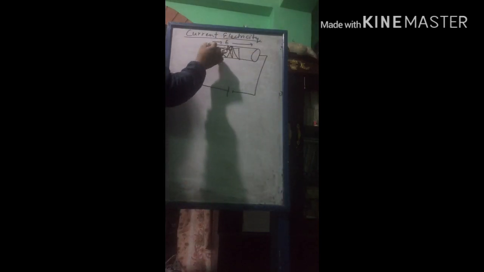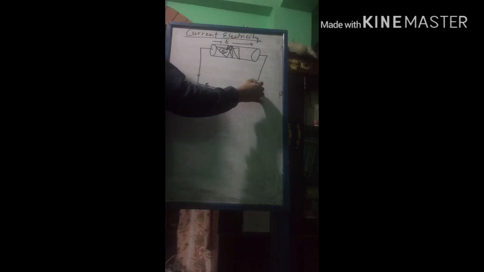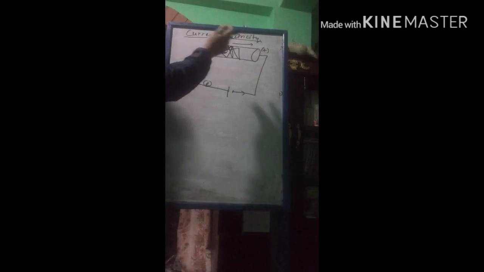When this is generated, electrons start to flow toward the positive terminal of the battery, whereas current flows in the opposite direction to the flow of electrons. By conventional flow of current, we know that current flows from the positive terminal of a battery to the negative terminal, and then the flow of electric current takes place.